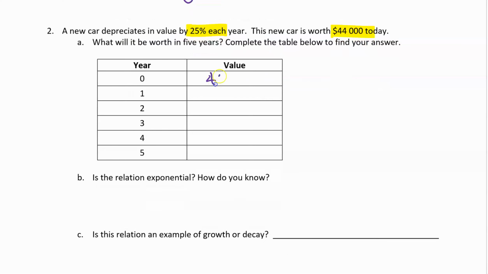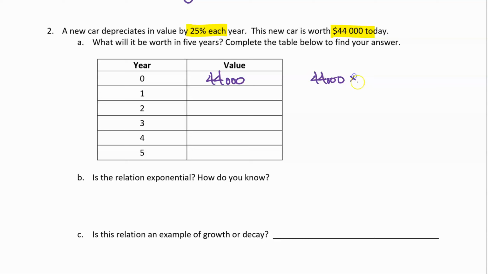It starts off $44,000, year 0. After year 1, it loses 25% of its value. So what would I do? Well, you want to take the 44,000, right?